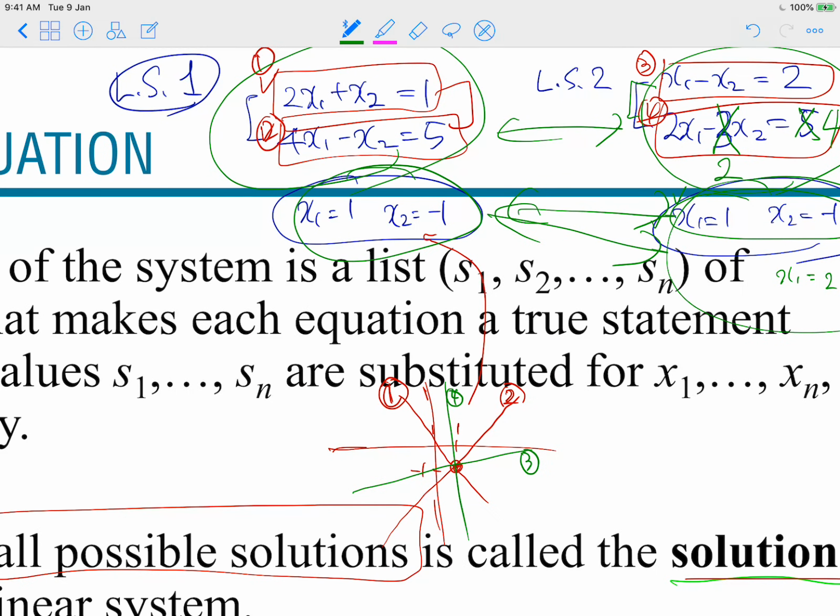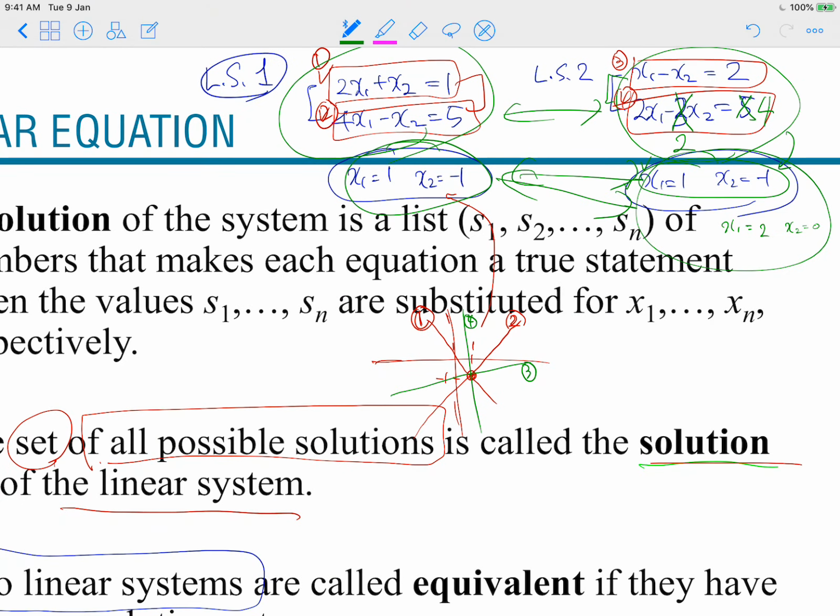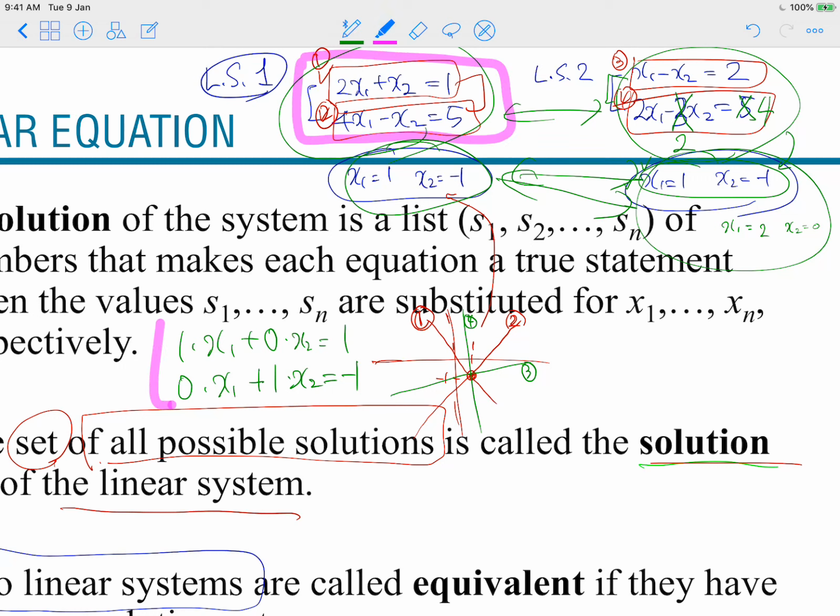So this is the initially given linear system. But what about this? x1 plus 0 x2 is equal to 1, and 0 times x1 ... So let's call this linear system 3. Are linear systems 1 and 3 equivalent?